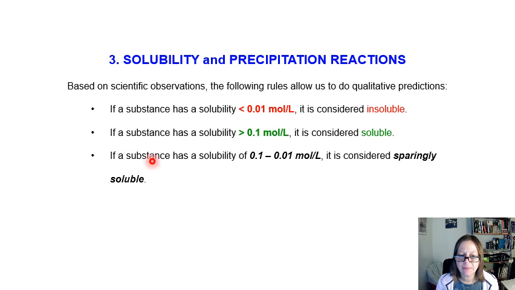If a substance has a solubility that is greater than 0.1 mole per liter, it will be considered soluble. If a substance has a solubility between 0.1 and 0.001, it is considered sparingly soluble.